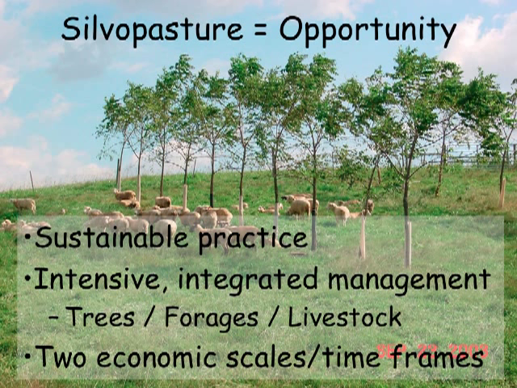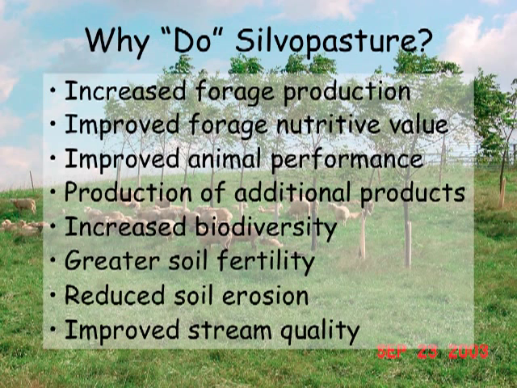And I have laid this out as silvopasture represents an opportunity. I wanted to describe some of those opportunities and explore how this works in the next few slides. There's quite a bit of evidence in the literature about why we might want to do silvopasture in terms of increased forage production, improved forage nutritive value, greater animal performance.